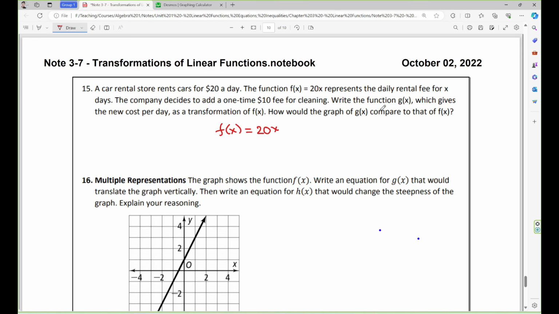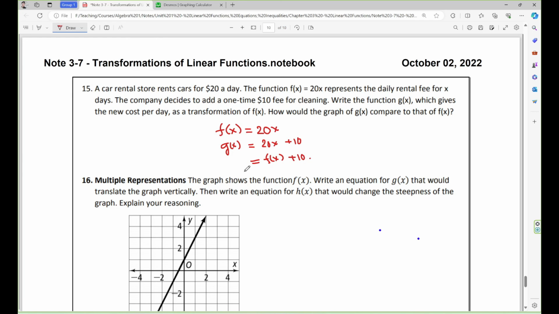Write the function g of s. So you just have g of s equals 20s plus 10. Alright, and you just rewrite this one. Replace 20s with f of s because f of s equals 20s. So it will be f of s right here plus 10.